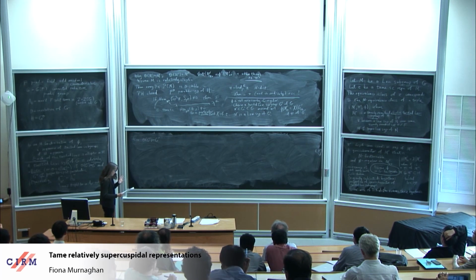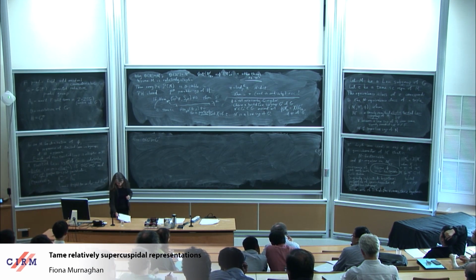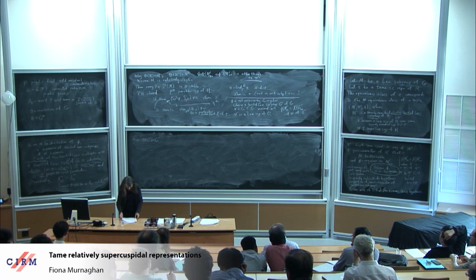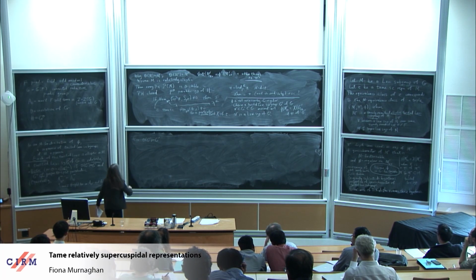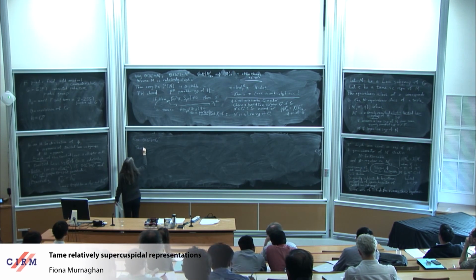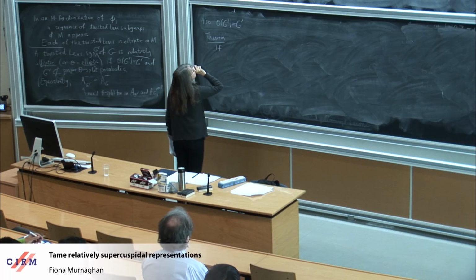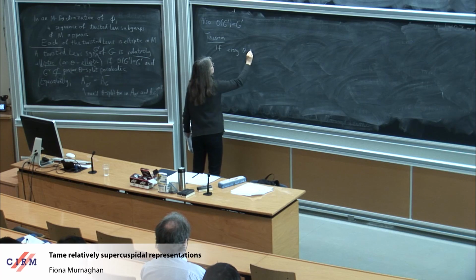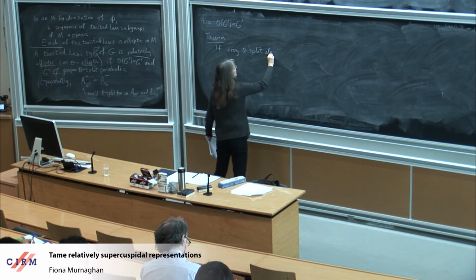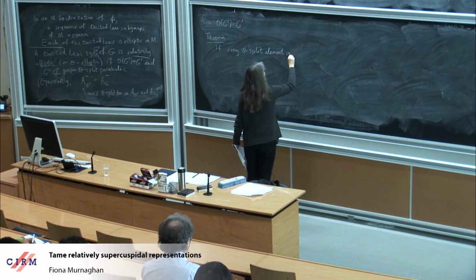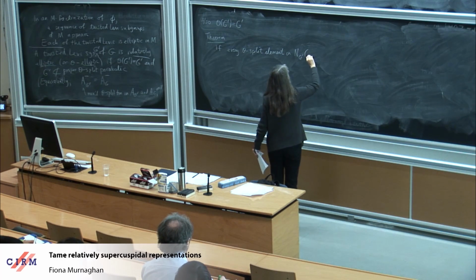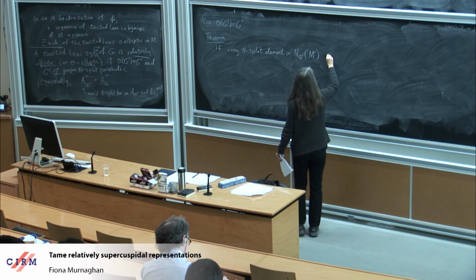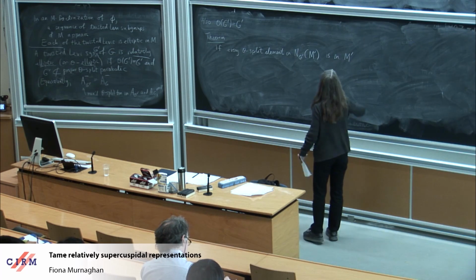One thing that we can say, and there are several things where it gets a little involved, is this result. If every theta split element in the normalizer of M prime in G prime is in M prime, then pi and all of its H distinguished subquotients are relatively supercuspidal.